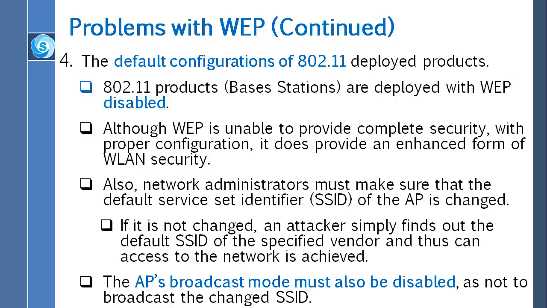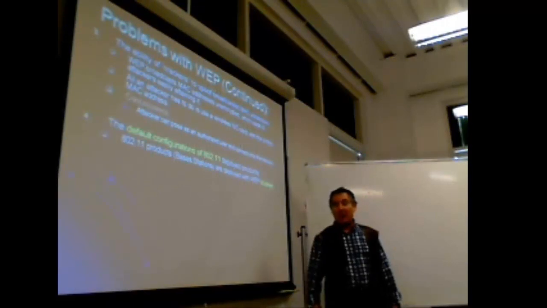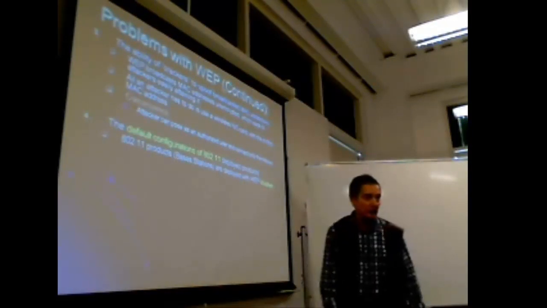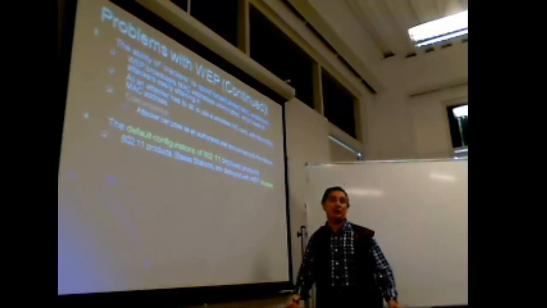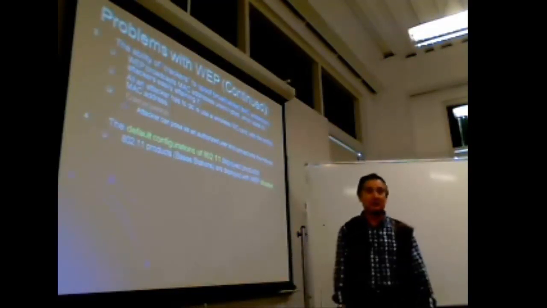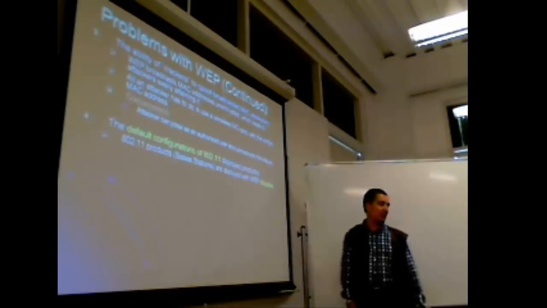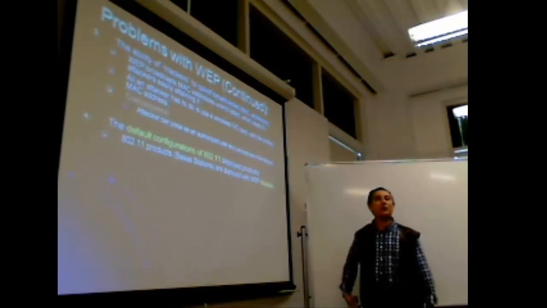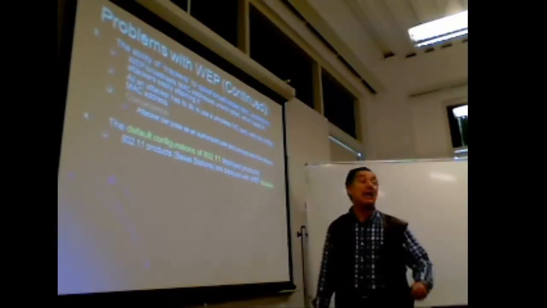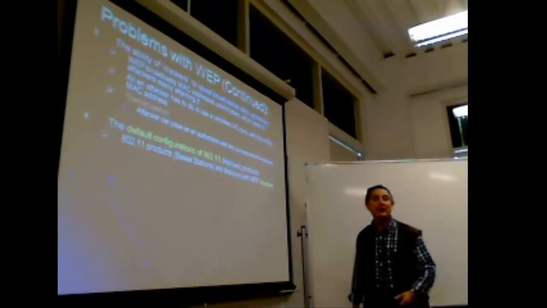So they come with WEP disabled, and you have to enable it. But if you are an average, ordinary person who doesn't have any idea about WEP, keys, securities, and all those kind of stuff, they are going to keep it disabled. So the default configuration is WEP disabled.